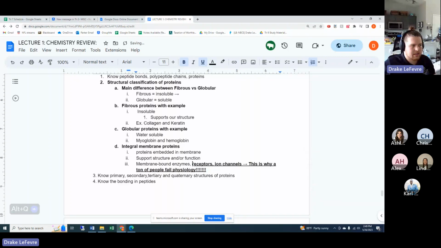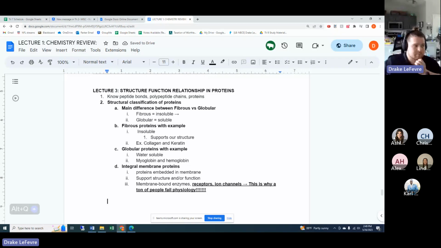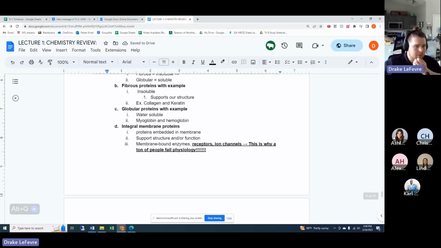You need to understand receptors and ion channels, and we'll get more into it later on. But do not think that you can get away with just half-assing it through a lot of this material, because I promise you it will bite you in the butt next try. That's why physiology is a class that has a 20 to 50% fail rate in this program.